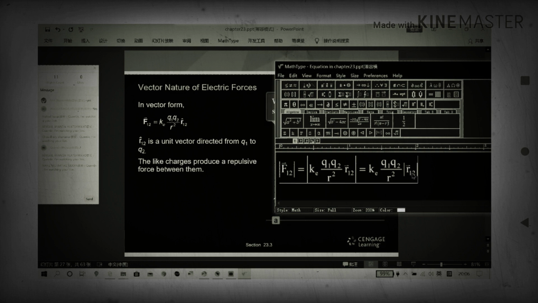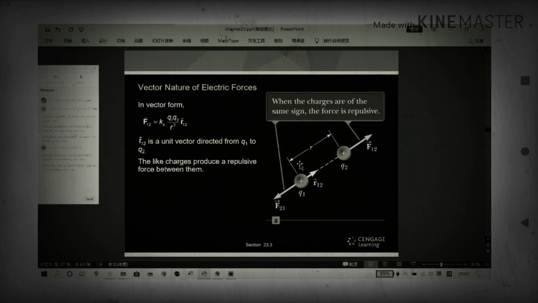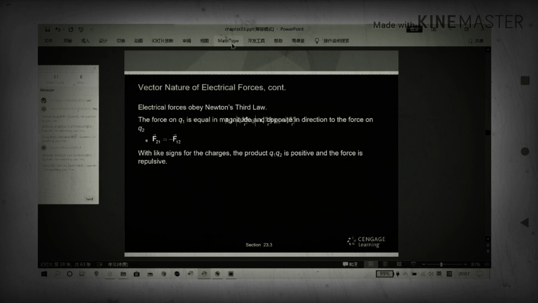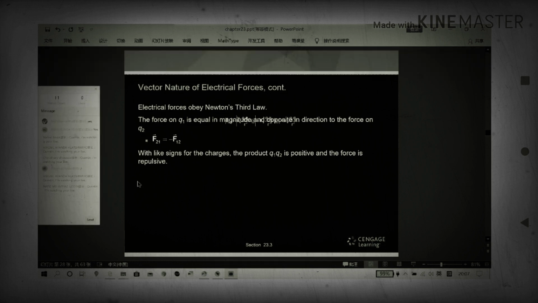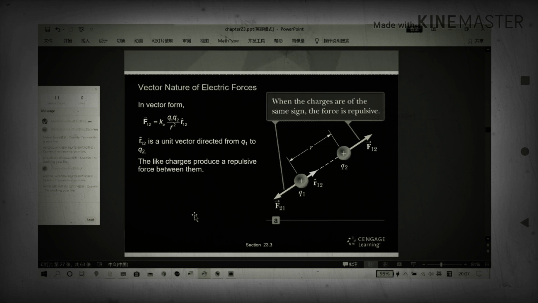Because this is a unit vector, so we come back to the original. Somehow it disappeared. Anyway, it's here. So let me put it here.